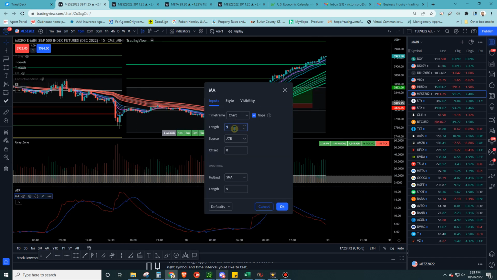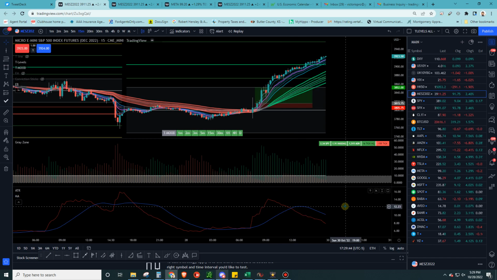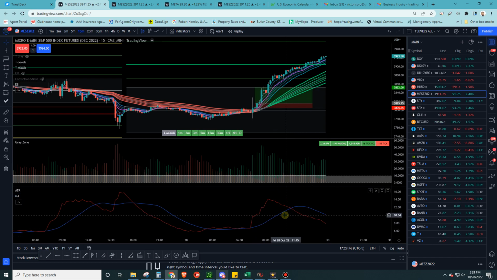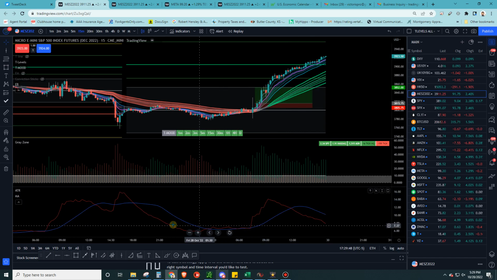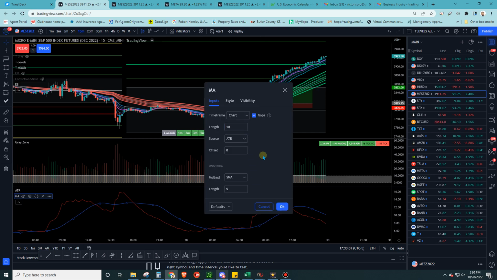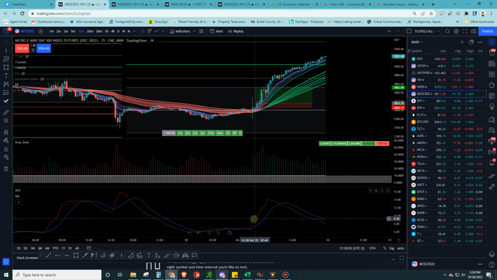You can use whatever period you want. I like to use the 20. The reason I do that is that overnight ATR is seeping over into the cash session, and it's not really an accurate picture for me. I want to see an average. You could even make it faster, but something that gives me a better idea of what this ATR is at the time, comparatively to the previous price action.